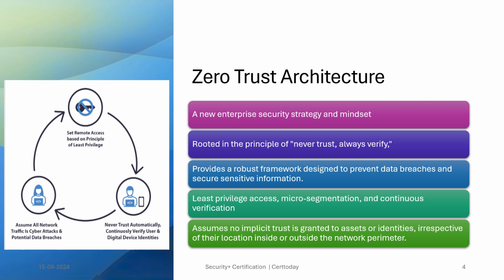We need to change our perspective. We need to change our paradigm. So irrespective of their location, inside or outside the network perimeter, no implicit trust is granted to anything. Users, access, identities, applications, whatever the case may be.